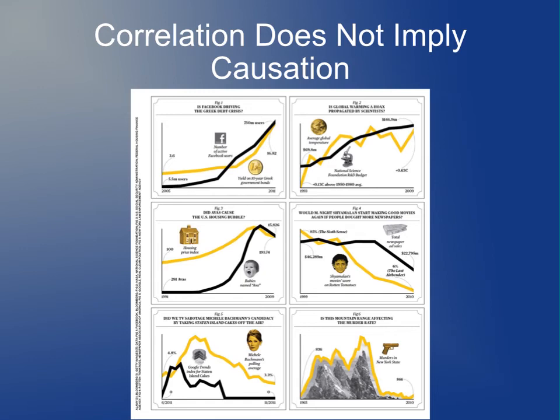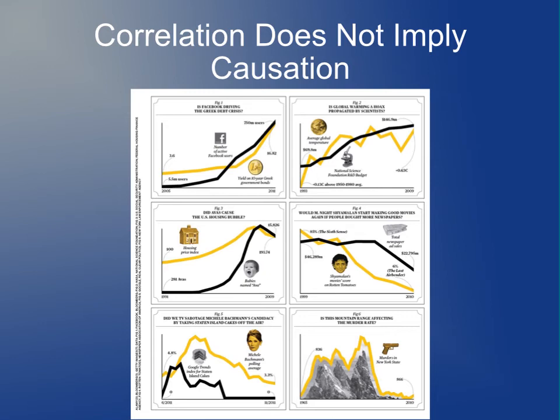This is a picture that made me laugh, something that a friend of mine posted on Facebook a while ago. Some of these examples are a little bit dated now, but it illustrates why it's dangerous to assume that just because two things are strongly correlated, one causes the other. Look in the top left corner, you can see that the interest rate on Greek debt follows closely with the number of Facebook users.